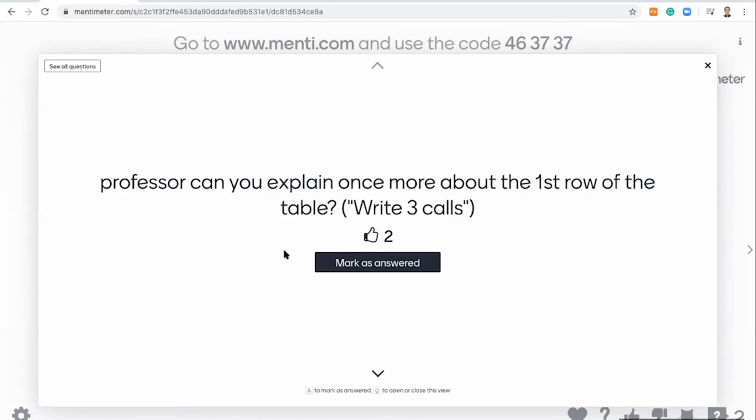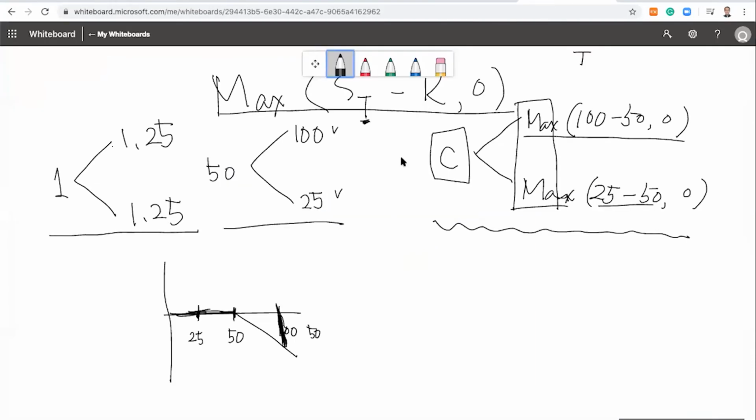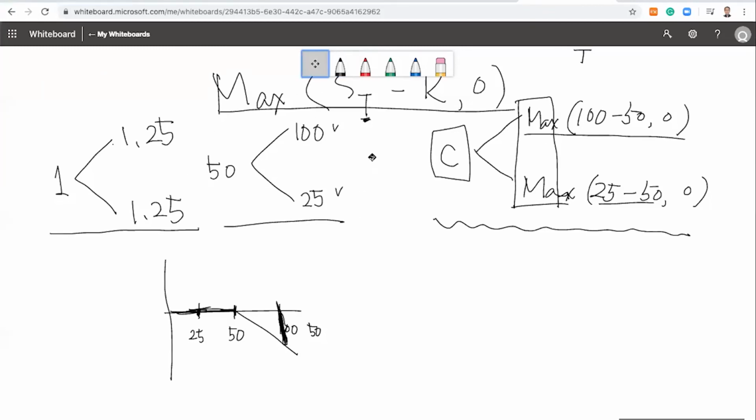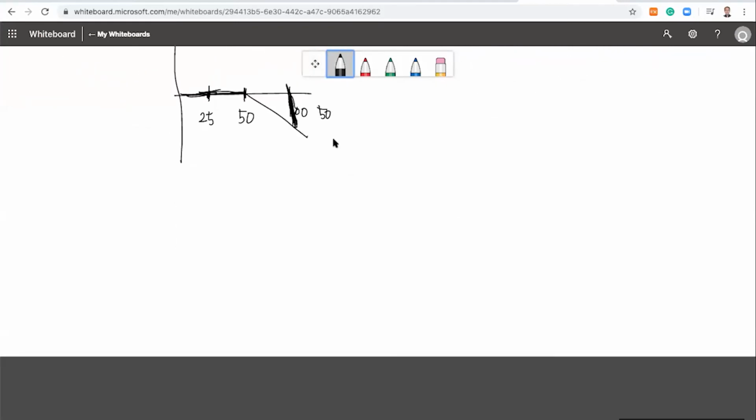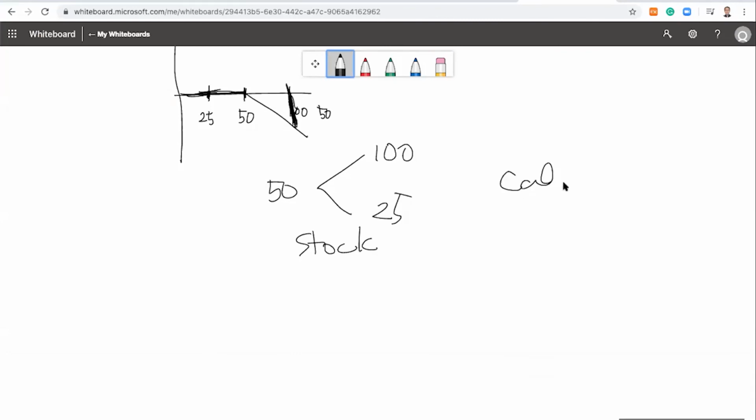What do you mean by 3 calls? Okay. So it's $50. That's 125. It's for the stock. And there is a call option.